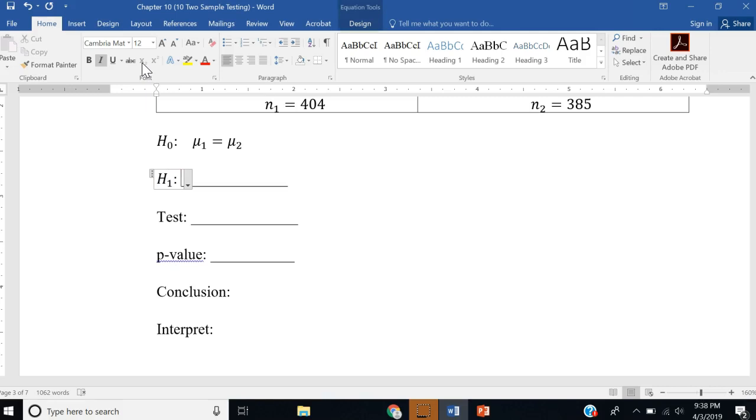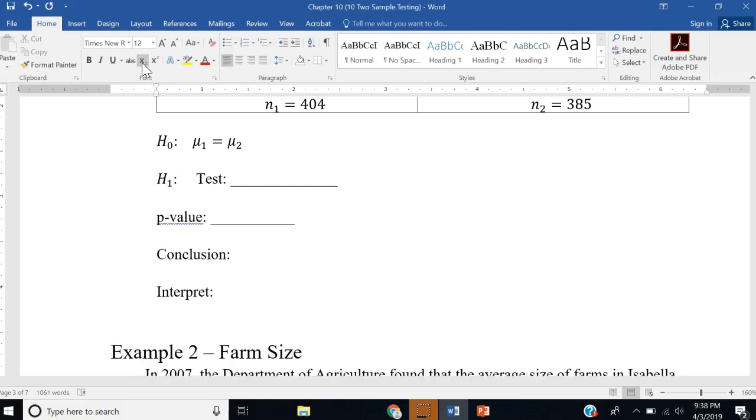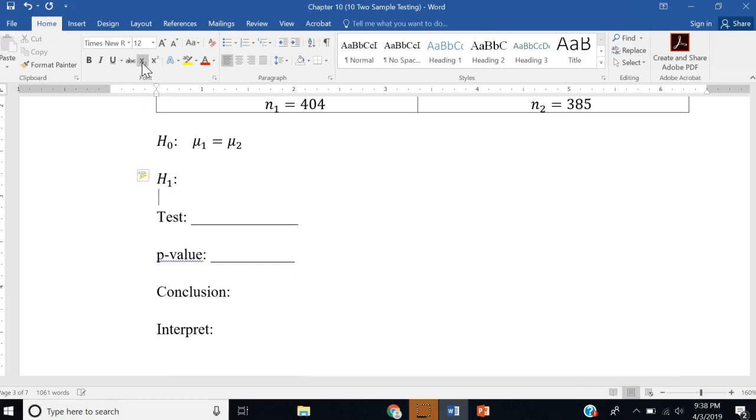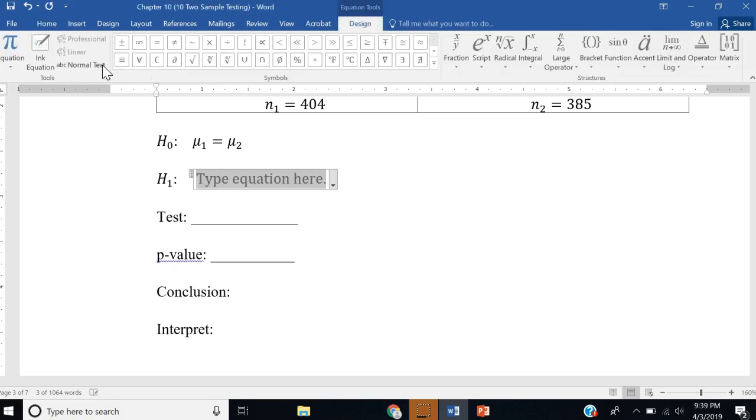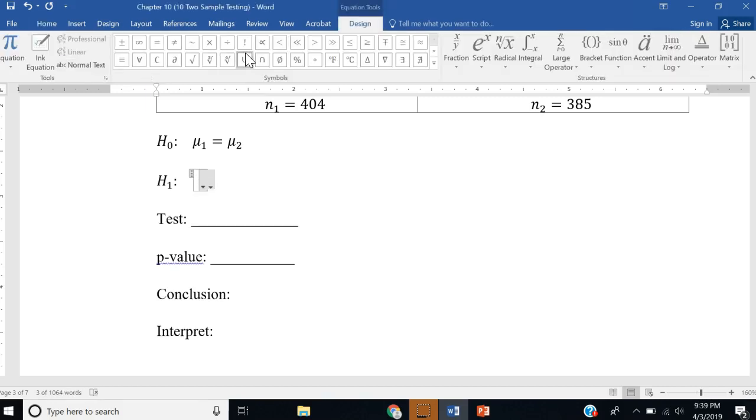What's the alternative hypothesis? If you remember, we're looking at whether these two groups have the same average or not. So basically, does the average for group 1 equal or not equal the average for group 2?